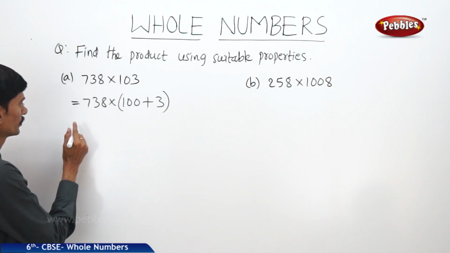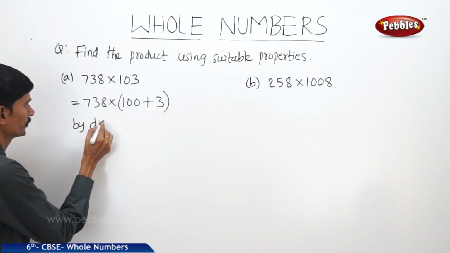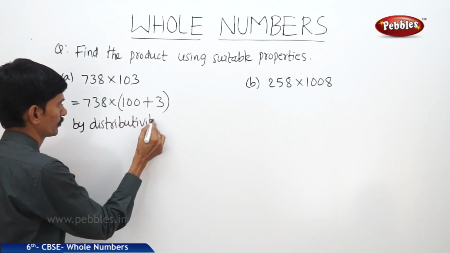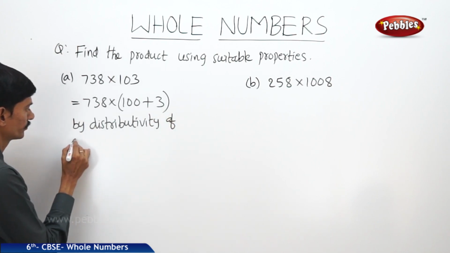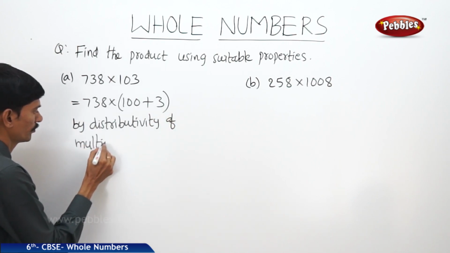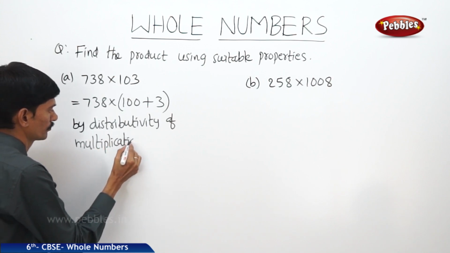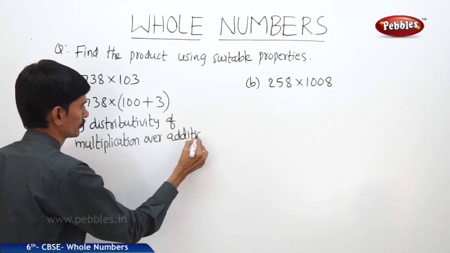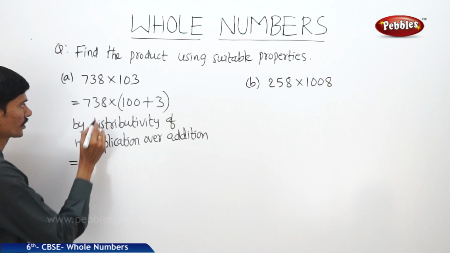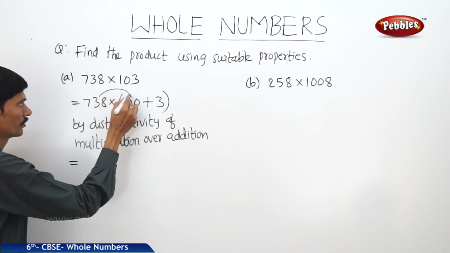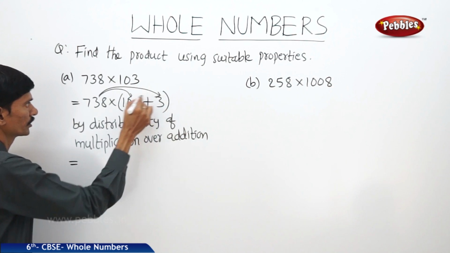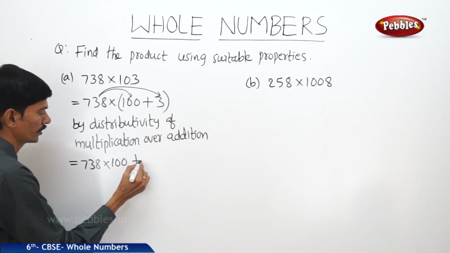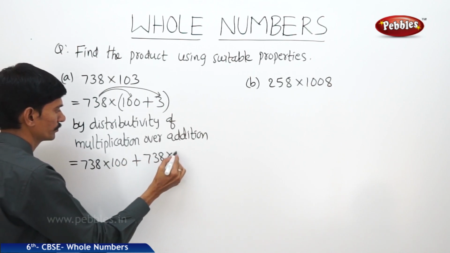So by distributivity of multiplication over addition, we get 738 into 100 plus 738 into 3.